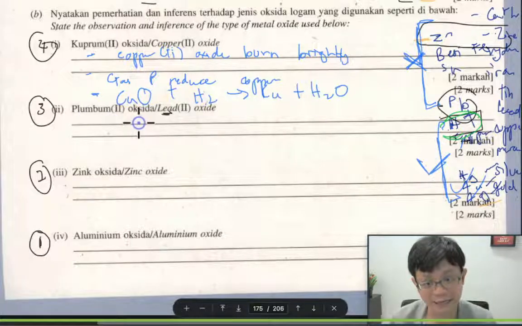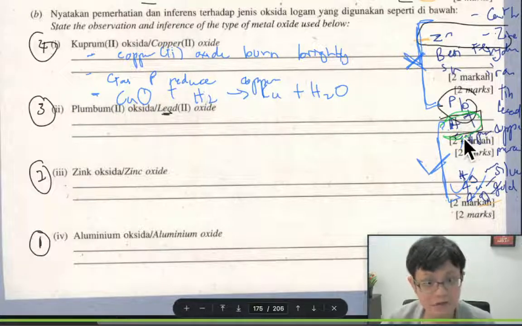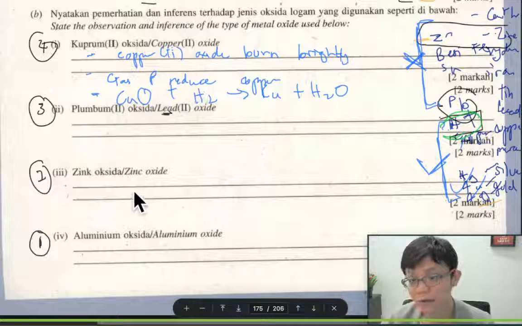Let's look at lead. This one I teach easier. Hydrogen is higher than the lead, so it will burn. It also will burn.